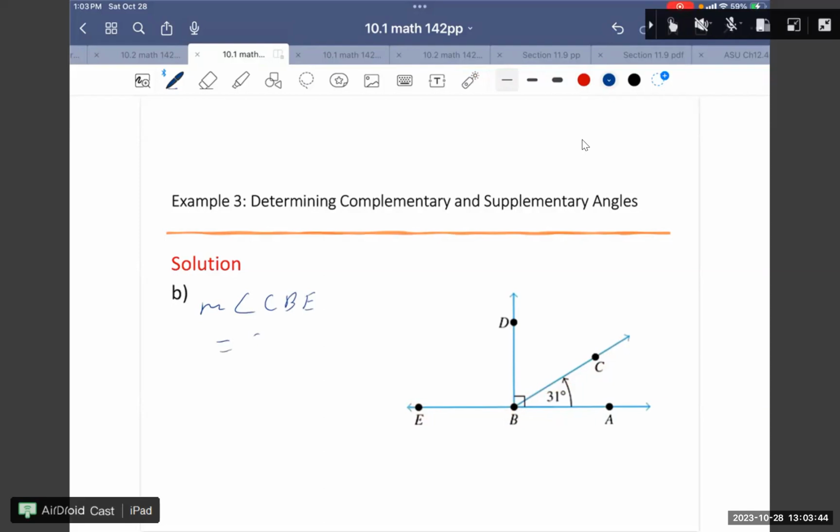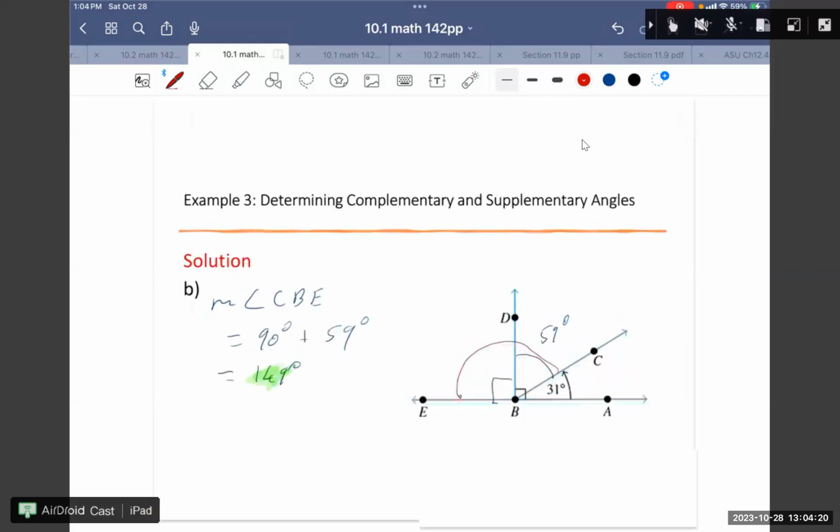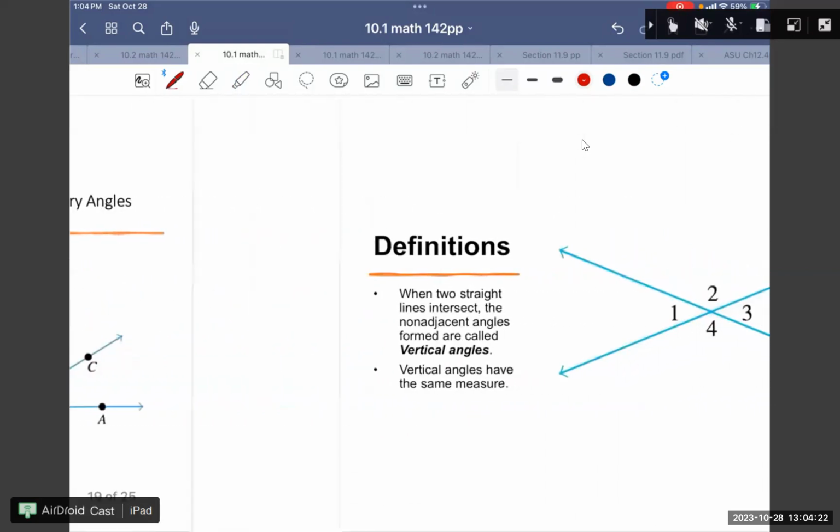We can have 90 degrees, and another 90 degrees right here, plus 59 degrees. For this one, 59 degrees, so we have 149 degrees total. So you have that.